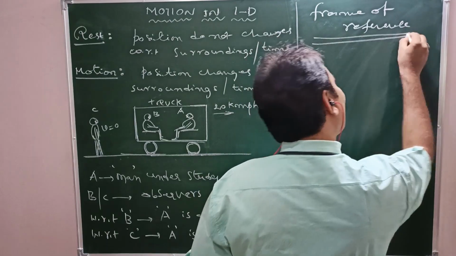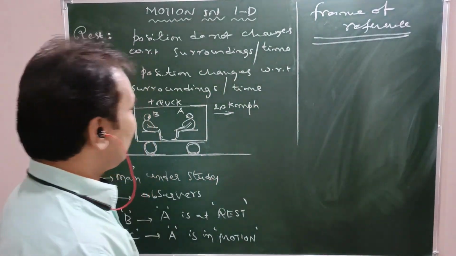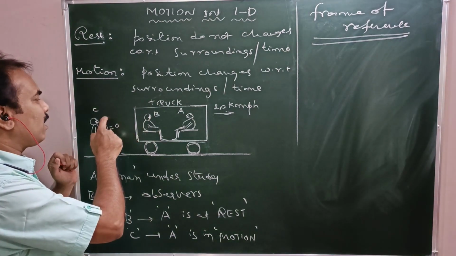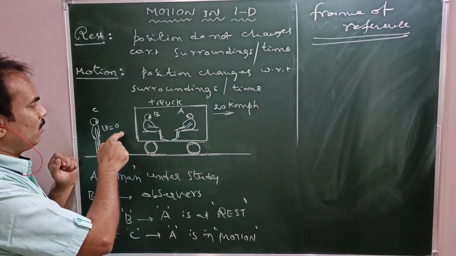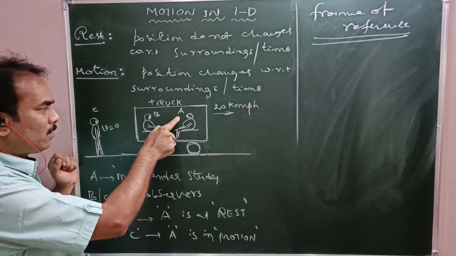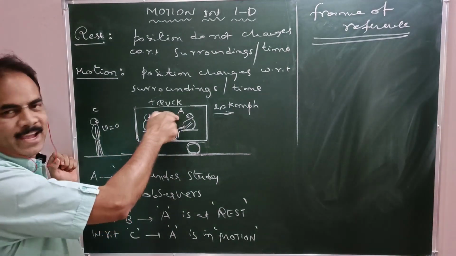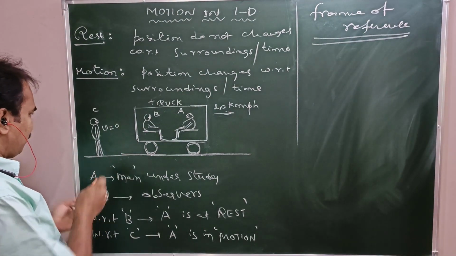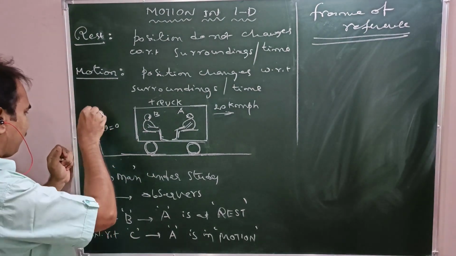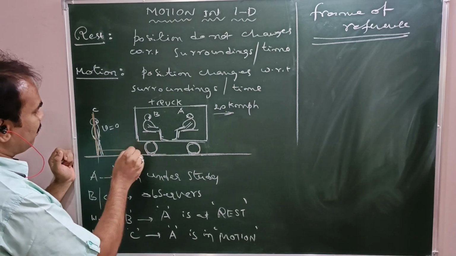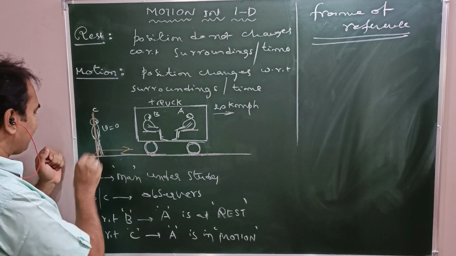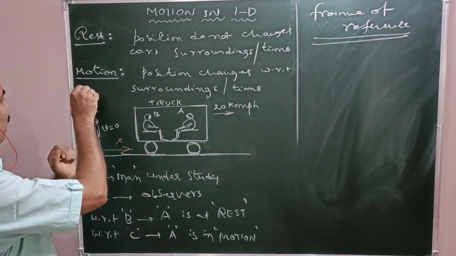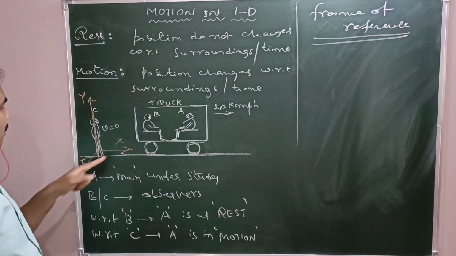Frame of reference means it is the background from which observations are made. Suppose here B and C are both observers who are going to observe the state or motion of A. If you attach a frame to C, a frame usually is a system of Cartesian coordinate axes, say this is the x-axis, this is the y-axis, this is the z-axis.